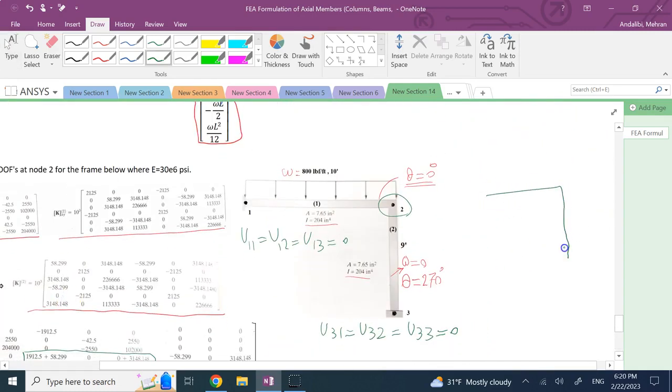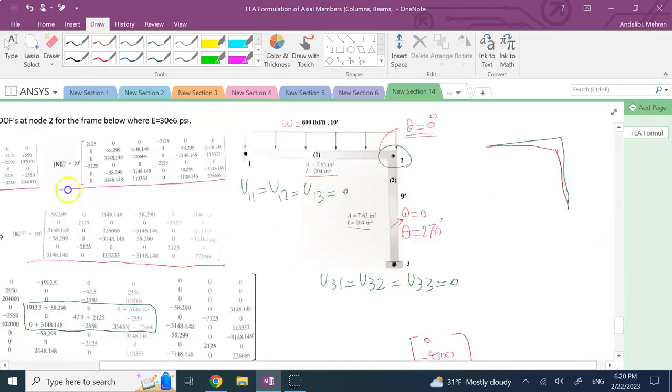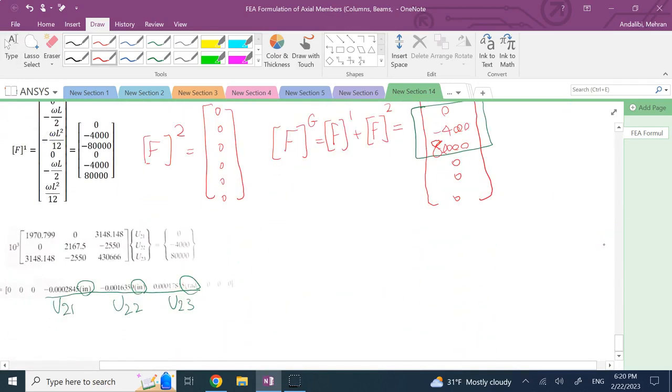So from the original one, this guy is going to go negative X and negative Y, and this one is going to stay the same. And this one is going to bend like this. And this is how your beam is going to look like.